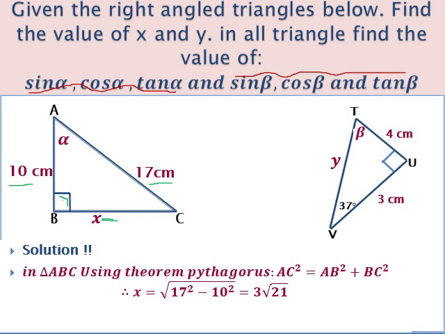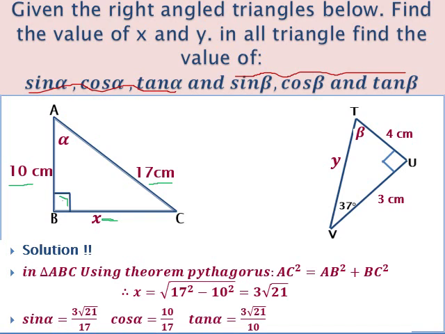In this triangle ABC, AC squared is equal to AB squared plus BC squared. Because we are looking for x, x becomes the square root of 17 squared minus 10 squared, which is equal to 3 root 21. Then you can just write it next to that x.